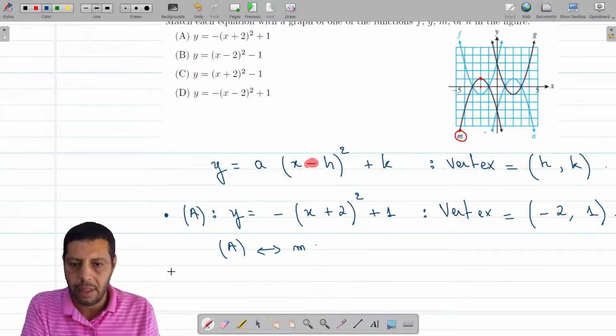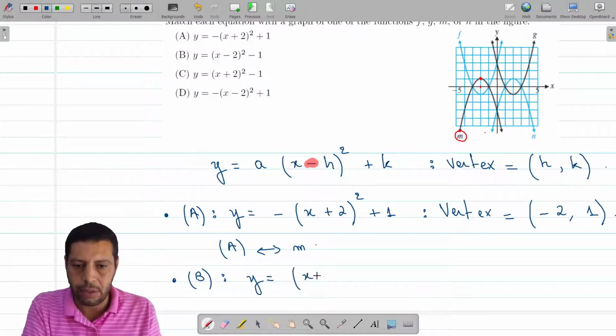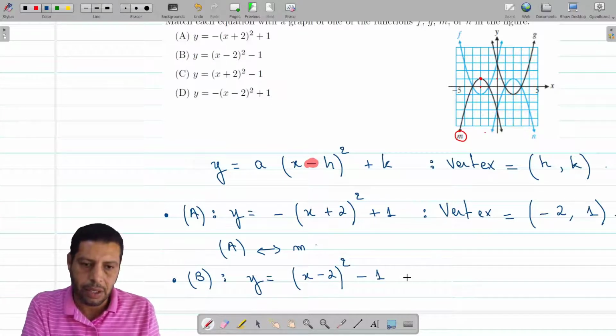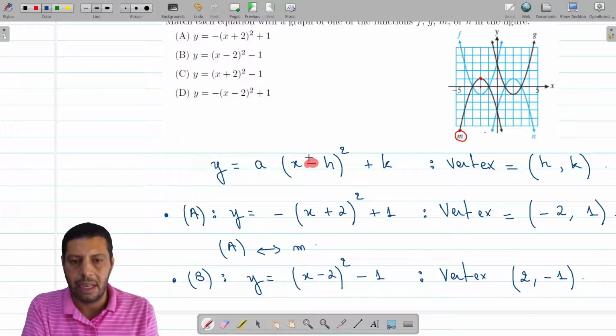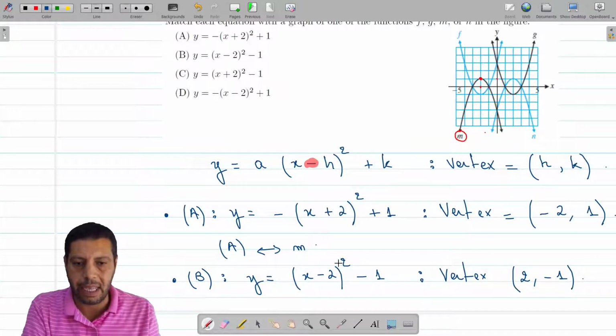Now for the second equation, we have the function B, y equals (x minus 2) squared minus 1. So the vertex in this case is the point (2, negative 1). Again, remember that it's x minus h squared.